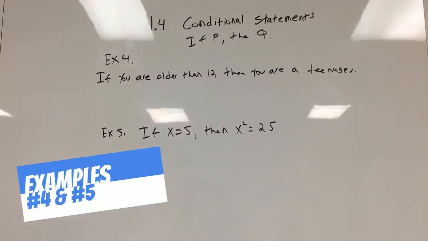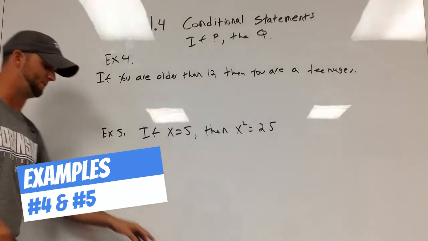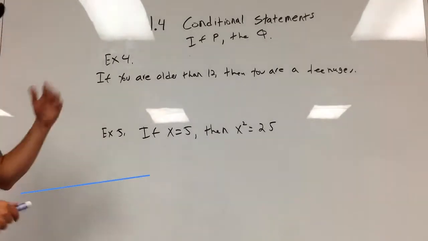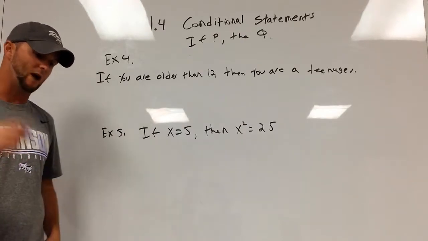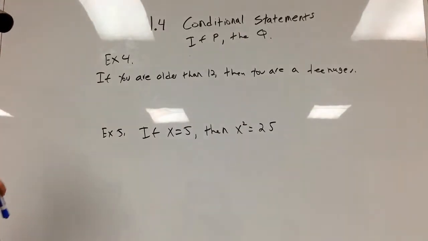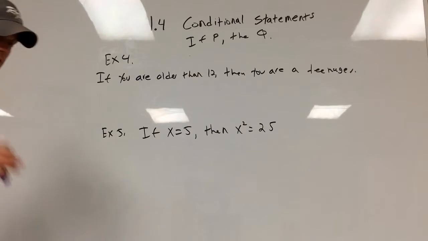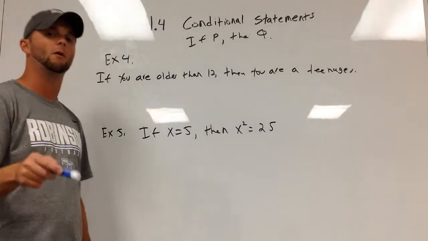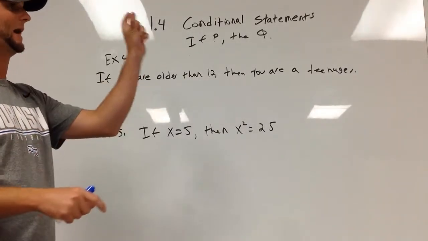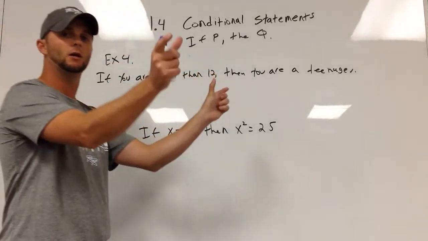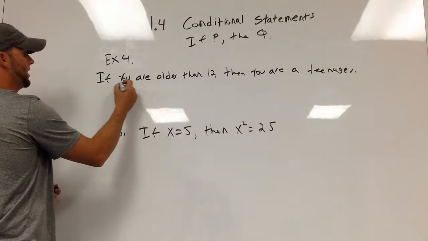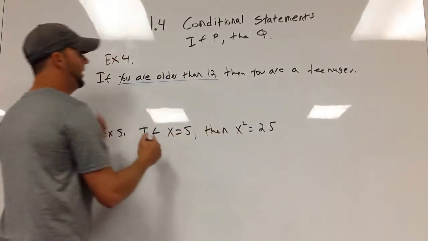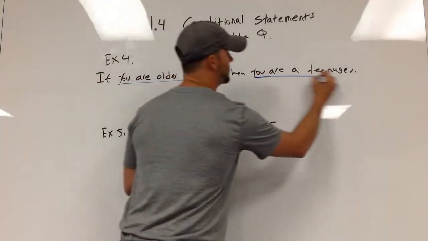Okay, and lastly, we have example 4 and example 5. They're kind of doing the same thing, so I decided to tie them together. In example number 4, it tells me to write the converse of the conditional statement, then identify the new truth value. What you need to remember is that all you're going to do is take the hypothesis and the conclusion and swap them. After the if is always my hypothesis, and after the then is always your conclusion.